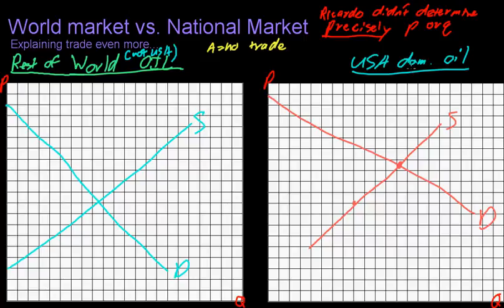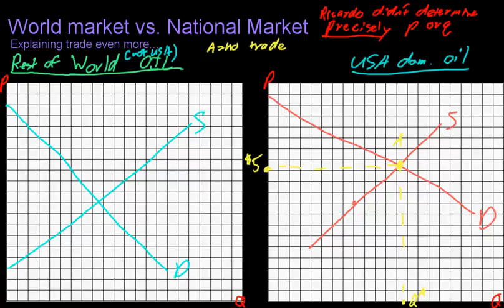All right, so going back to yellow, we're going to have point A here. So if there's no trade, the US will consume this quantity, which I'm just going to write as QA, and they will pay this price, which I'm just going to write as P of A. And this actually does become nicer if we actually have prices to talk about. So let's say that this is $5.